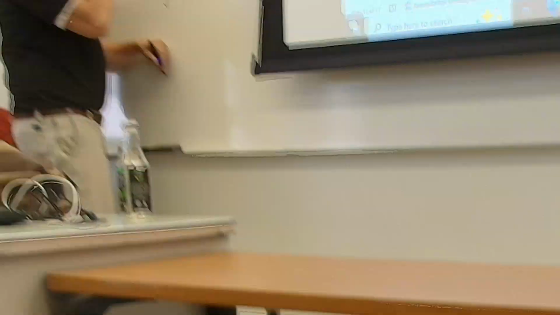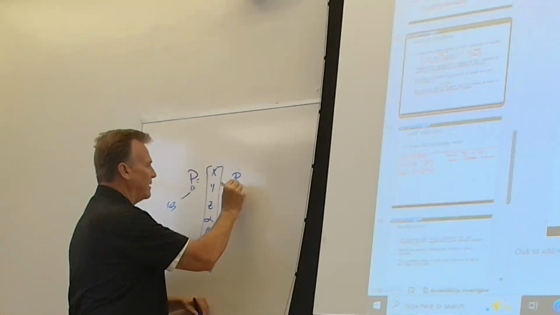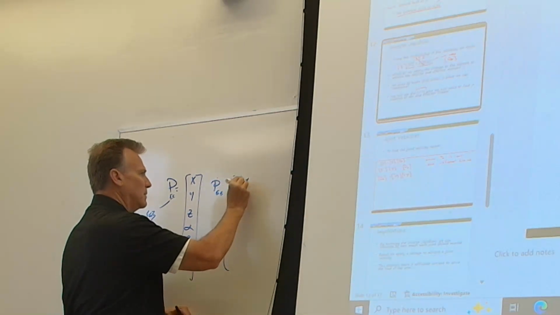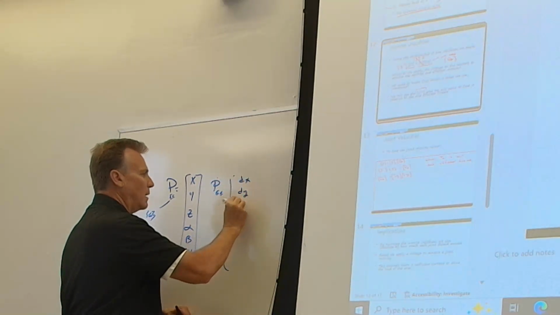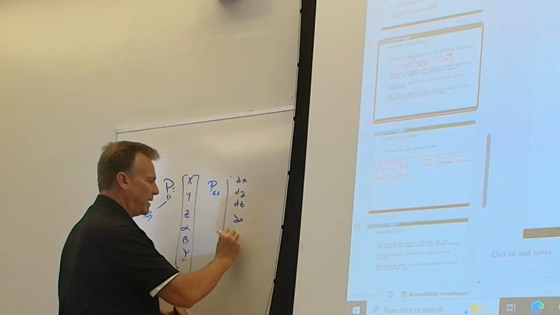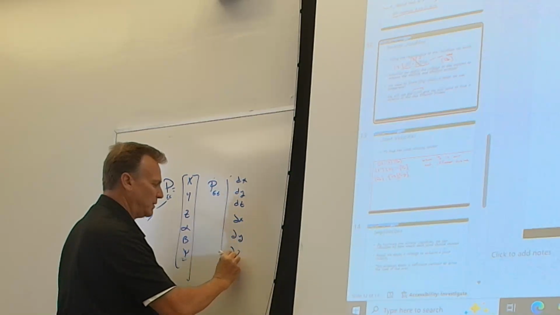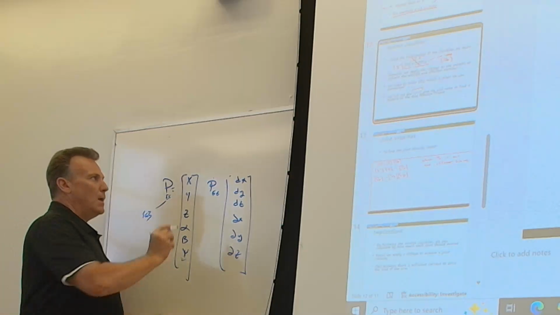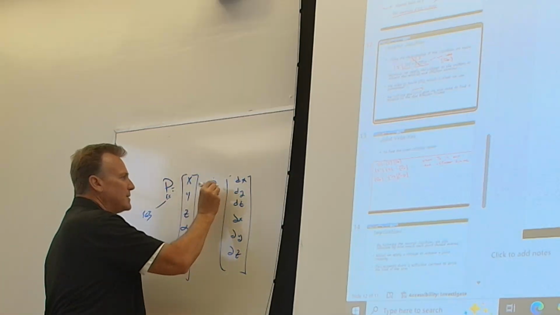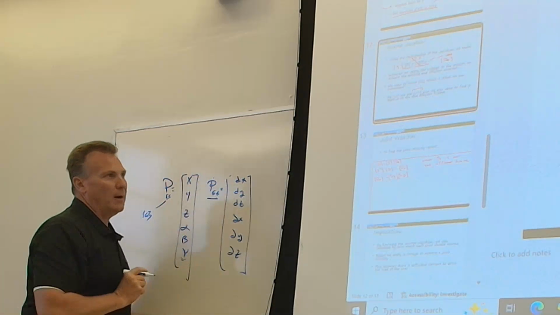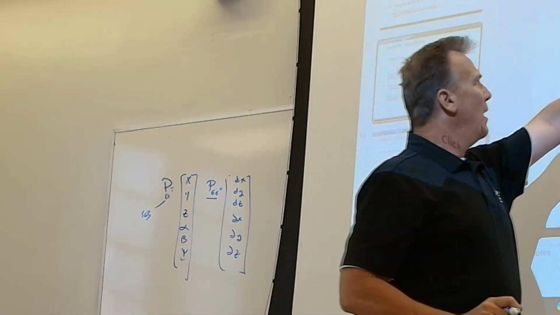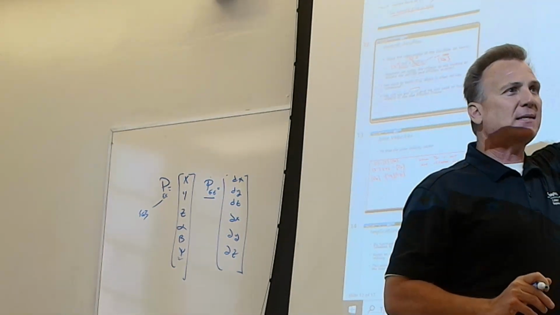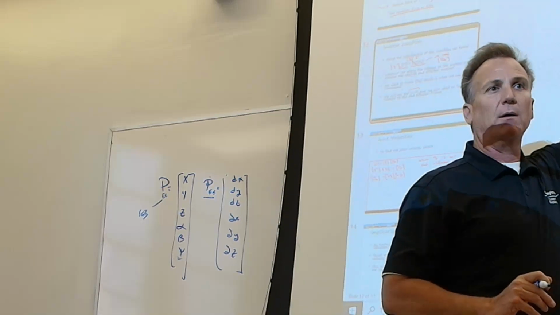So my P dot is going to be our dx, our dy, our dz, and the rotational rates about x, about y, and about z. We want this right there, and that's the idea of the Jacobian. We really have this, and we need to find that guy right there, which is a set of velocities of each motor.